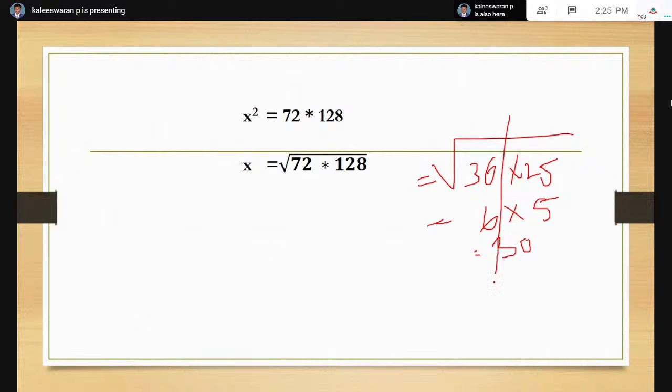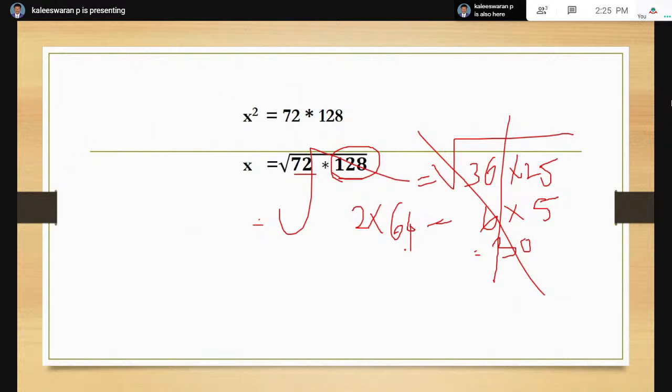This is very easy. But 72 and 128, both numbers are not perfect square numbers. Next, you should know the identity of 128. What do you think about 128? 128 equals 2 into 64.